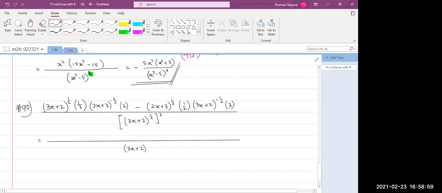The power of 1/2 squared will be just an invisible 1. Okay, now let's take care of the numerator. 3x plus 2 to the power of 1/2, 3x plus 2 to the power of negative 1/2. So the lowest exponent is to the power of negative 1/2.